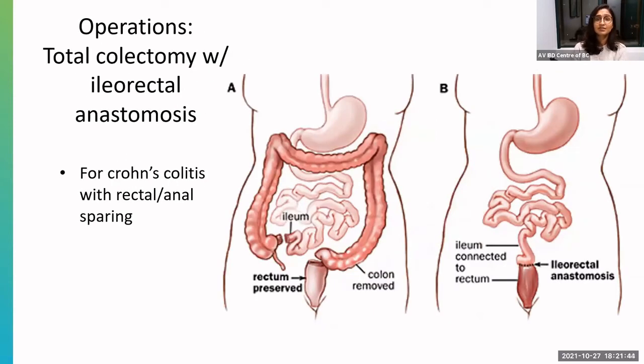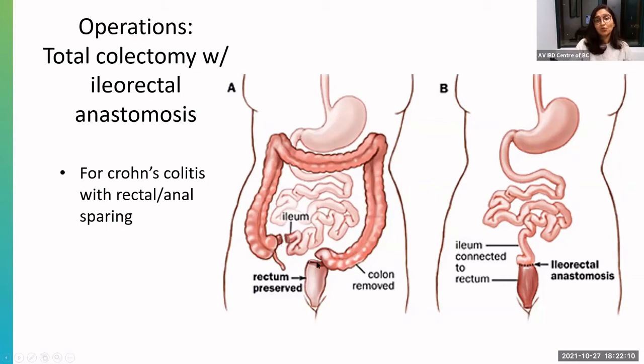Patients that have Crohn's disease that is limited to their colon, but have the anus spared and don't have any perianal Crohn's disease, may be a candidate for a total abdominal colectomy with an ileorectal anastomosis. So this is where we remove all of the colon and we connect the ileum to the top of the rectum. You can imagine, as we talked about earlier, that the colon's main job is to absorb water.